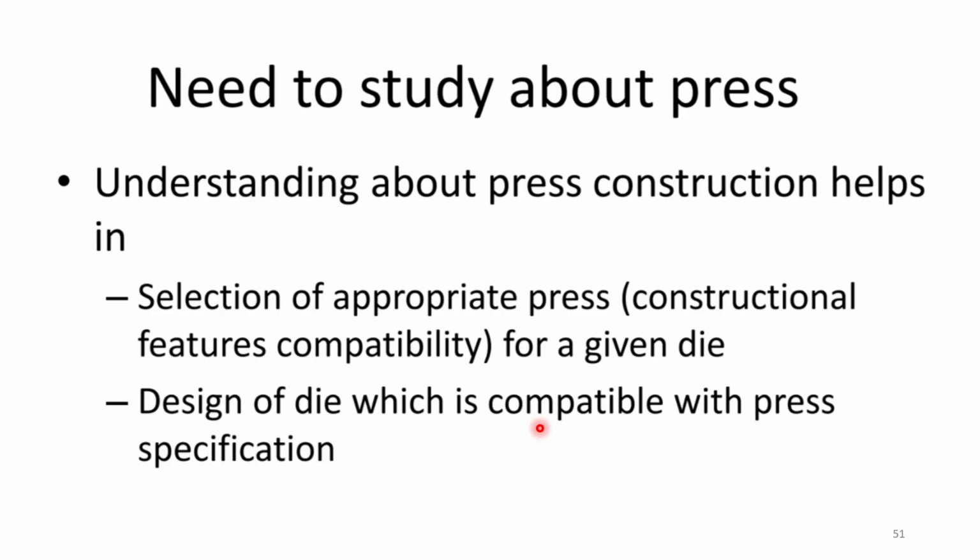Now why do we need to study press? It is to understand press construction. It helps in selection of an appropriate press, whose constructional features are compatible for a given die, and also design of a die which is compatible with the press specification.